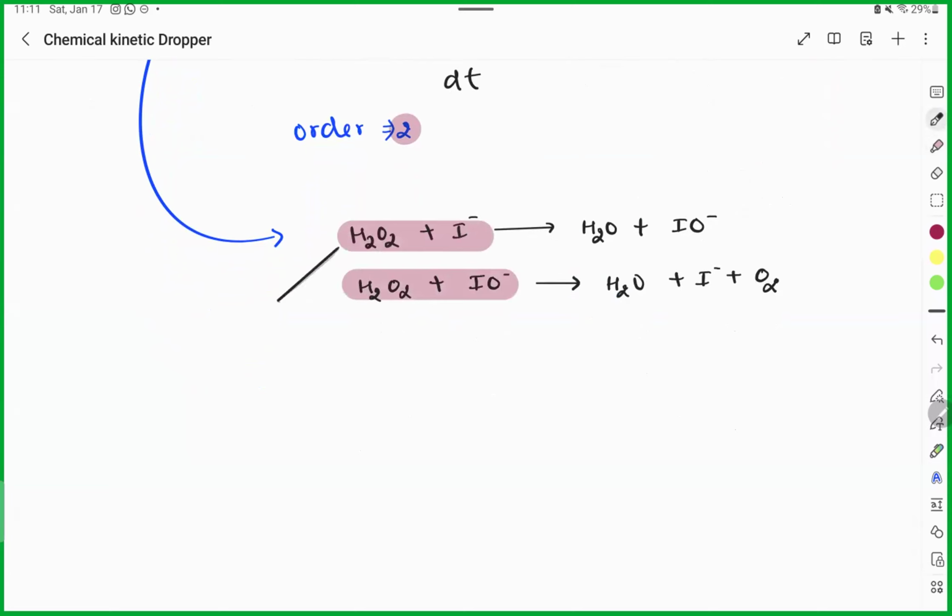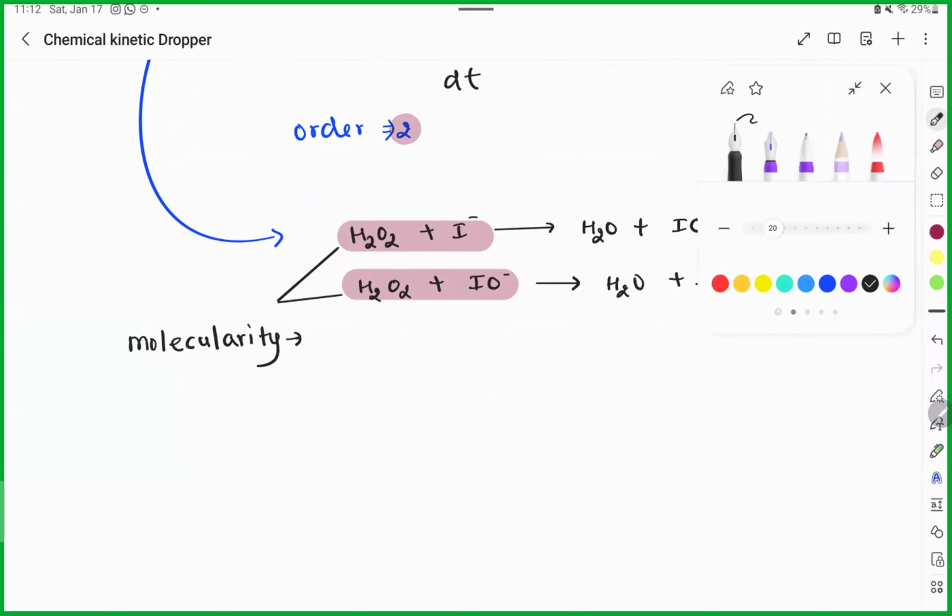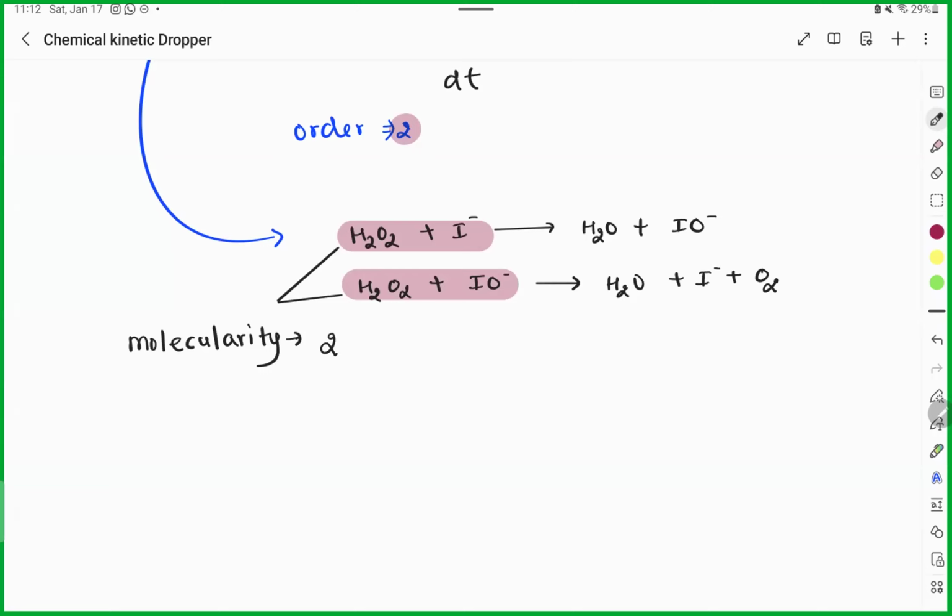In both situations, if you calculate the molecularity, Sarah, what is the molecularity in this case? The two. And what is the definition of molecularity? Sir, it's for an elementary reaction.